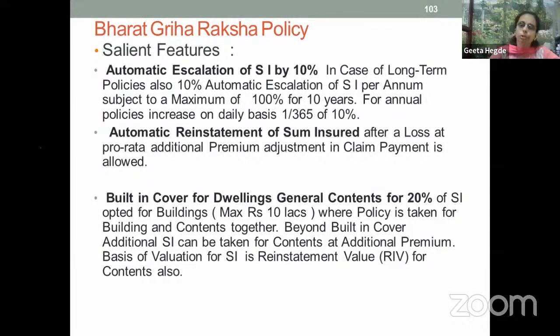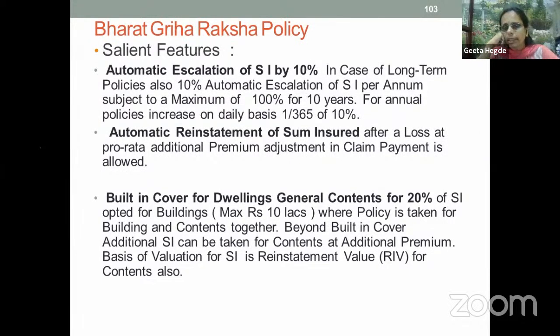Escalation is when you are anticipating an increase in the sum insured, not today, but in the future, within 1 year. Today what you are opting is already on the reinstatement value basis, but you anticipate that your sum insured will go on increasing in the next 12 months. So you opt for an escalation as an add-on cover, which can be in different percent for different policies.